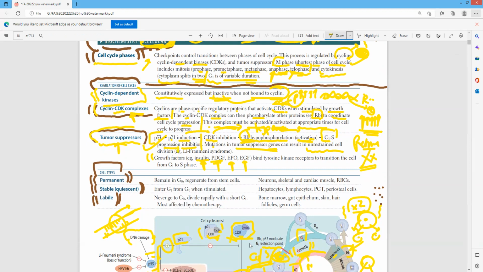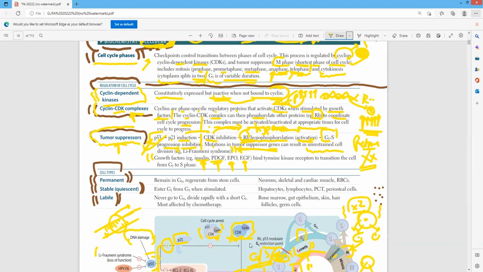Here, Li-Fraumeni syndrome. You may find different tumors in organs, like leukemia. We will see Li-Fraumeni syndrome in detail in pathology. But I want you to remember that a mutation in P53 will affect what?